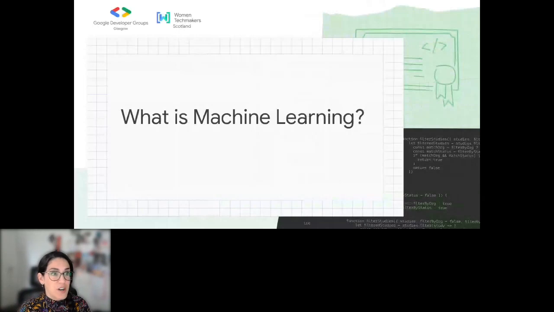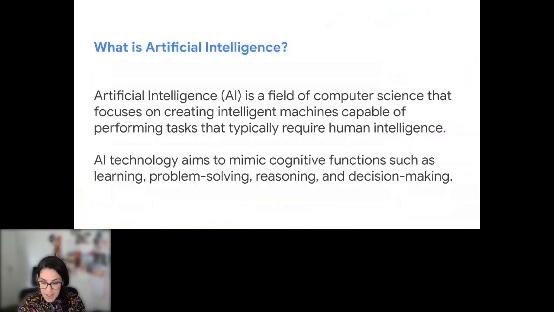What is machine learning? In order to understand what machine learning is, we should really talk about artificial intelligence, right? It's important to understand that it's a field of computer science, and the main goal is to create machines that are capable of thinking, acting and behaving like a human.